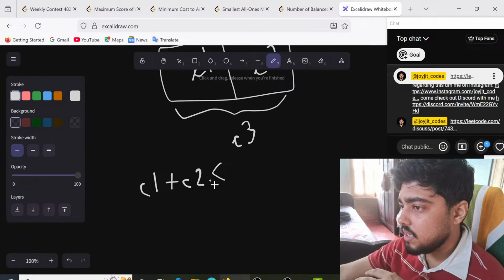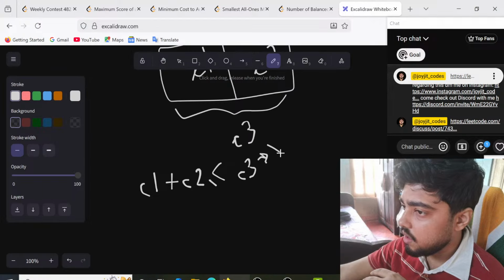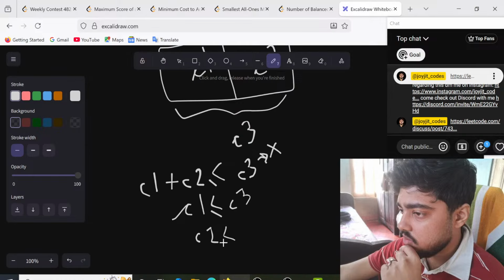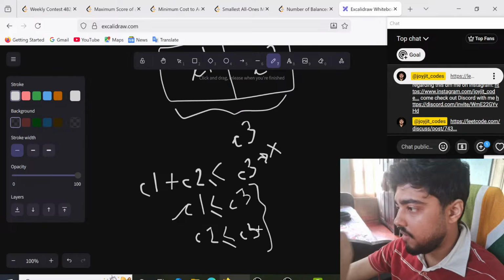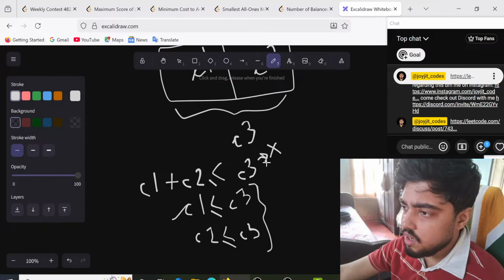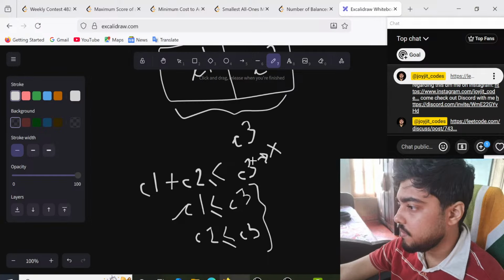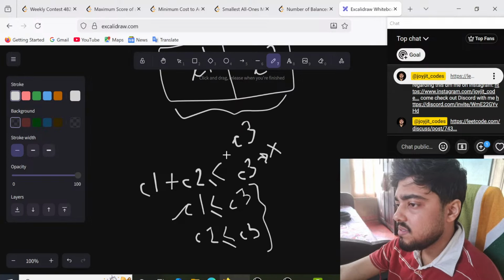If this is less than equal to C3, then you don't need C3 only. Otherwise, we have to check if C1 is less than equal to C3 and C2 is less than equal to C3. These two conditions I have already said. While pruning those if and else, you could prune on the basis of this also. And if none of them satisfies, then you have to take C3. So that is the basic core of the whole thing.